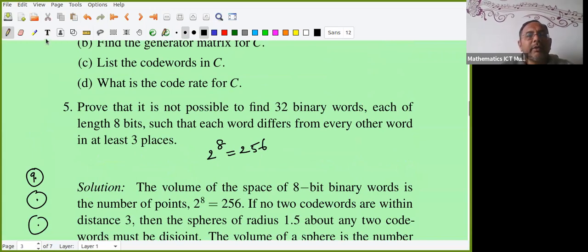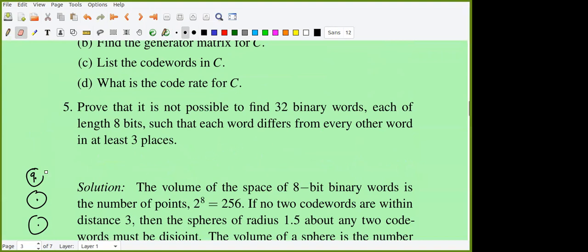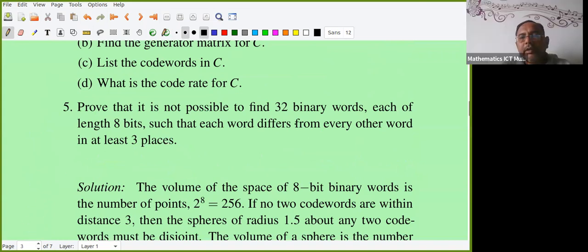Are you following this question? Yes, sir. What I want to say is, if you have a code containing 32 binary words out of 256, I'm telling you it is not possible with distance greater than or equal to 3. Why is it not possible?